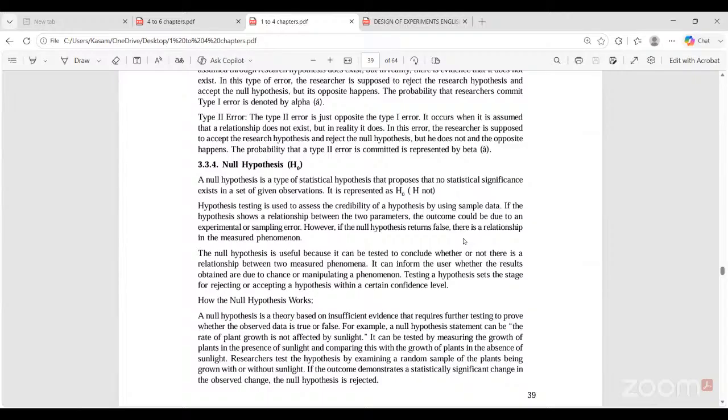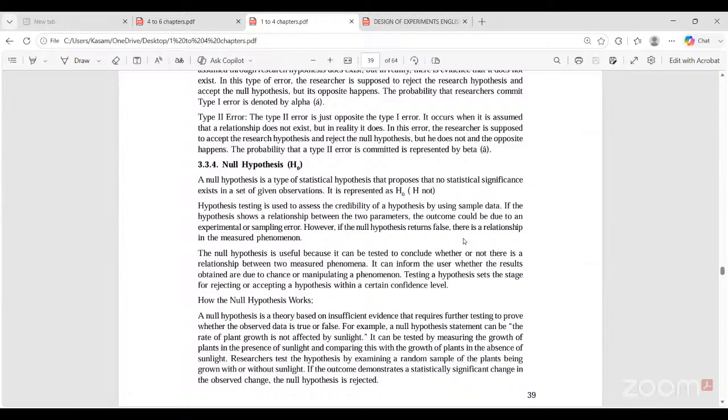See here, the null hypothesis is useful because it can be tested to conclude whether or not there is a relationship between two measured phenomena. This is a null hypothesis, means you have to accept it. That is called H naught. The null hypothesis we can call H naught.